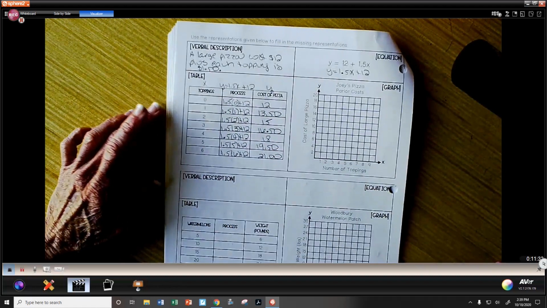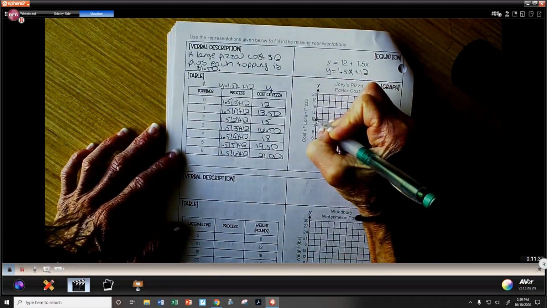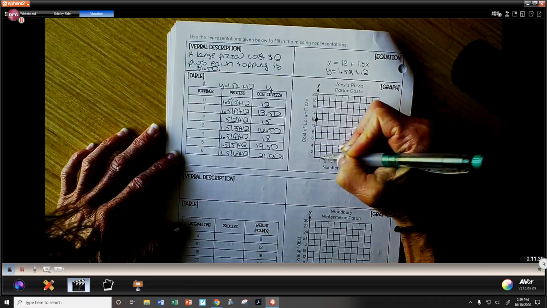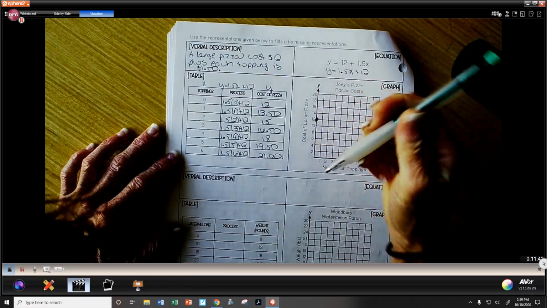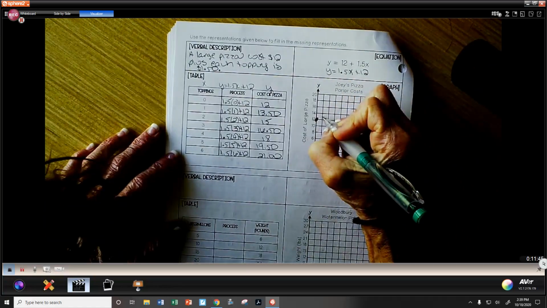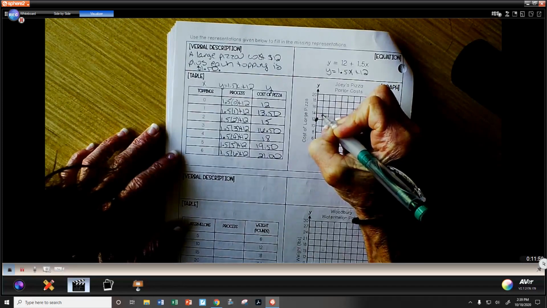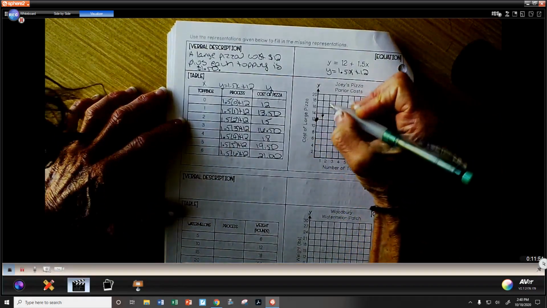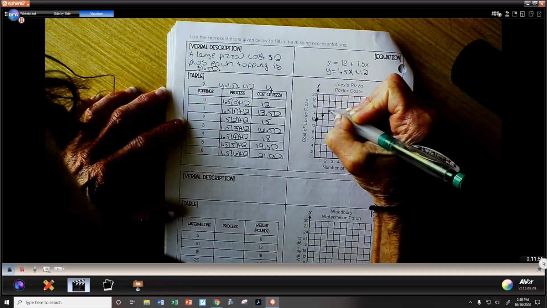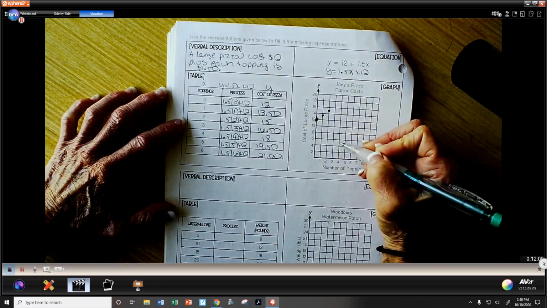All right, so now I'm just going to graph it. 0 toppings, $12. 1 topping, $13.50. So here's 13, up a little bit, about right there. This one's going to be harder to make look straight because of the way they put the numbers on there.